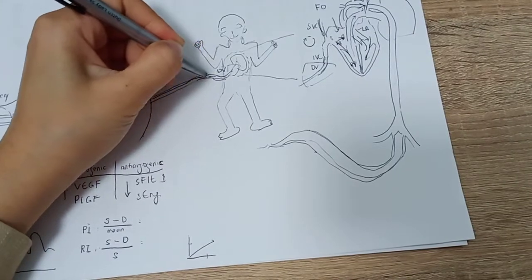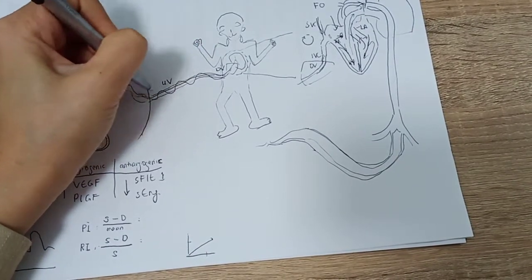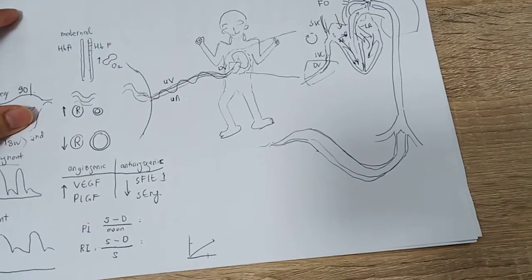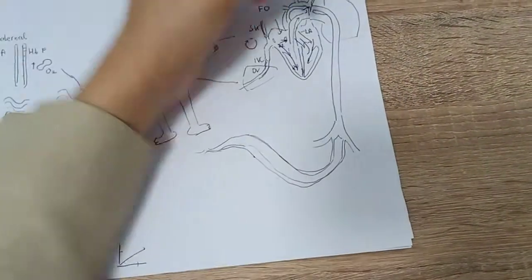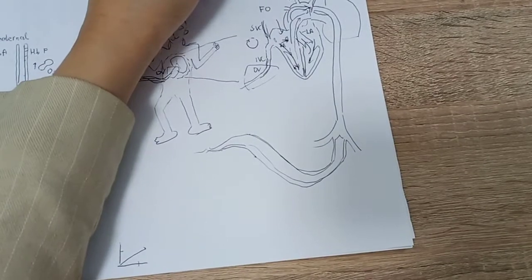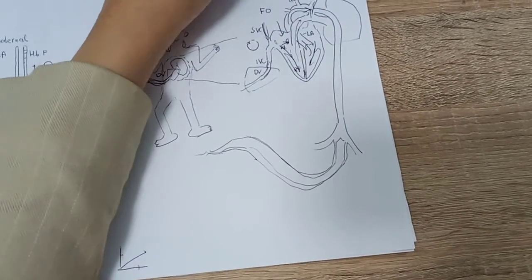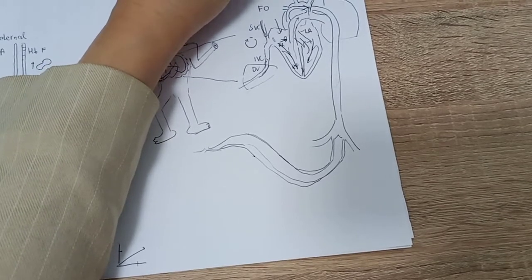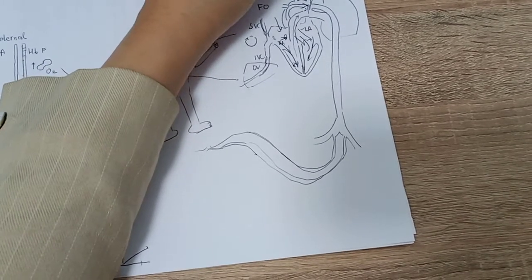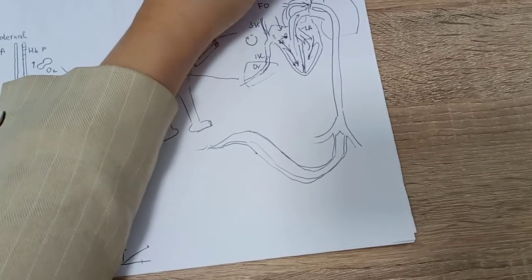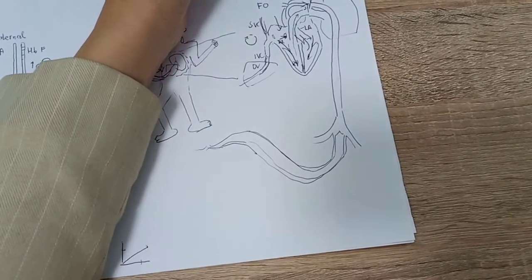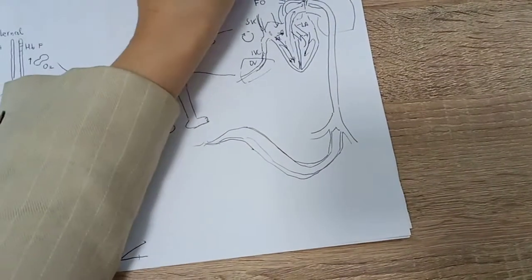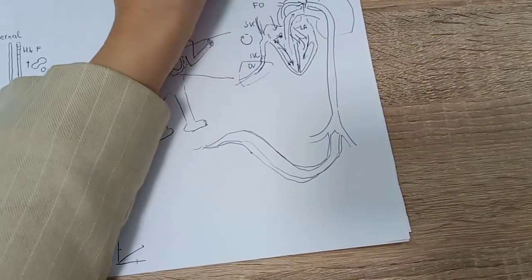Okay, so it goes back here, the umbilical artery. In fetal circulation, what basically keeps the ductus arteriosus patent is prostaglandin E1 and PGE2, and PGE2 is the most active prostaglandin that helps the patency.